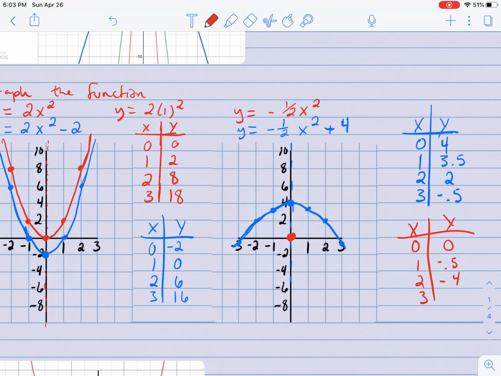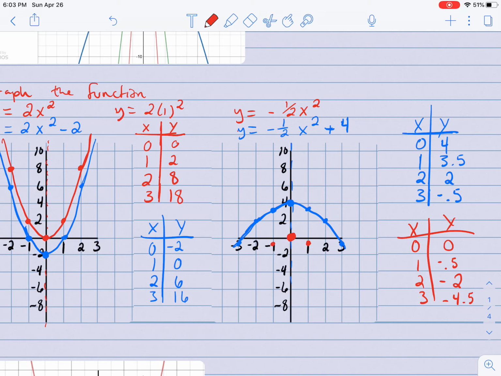When it's 2, it's going to be negative 2. And then when it's 3, 9 times negative 1/2 is negative 4.5. So now I can graph the points.